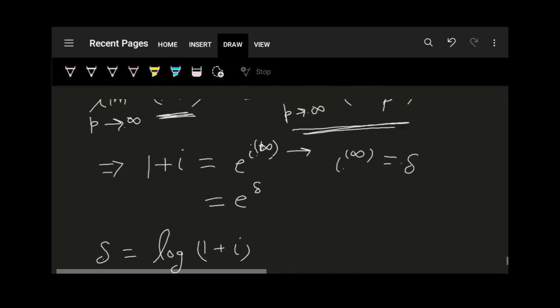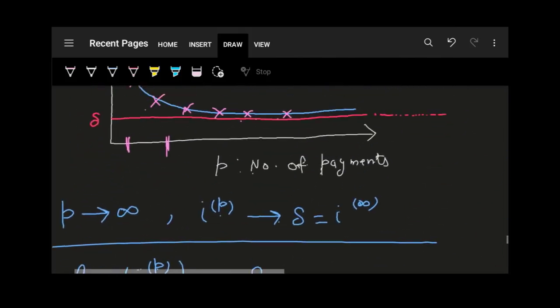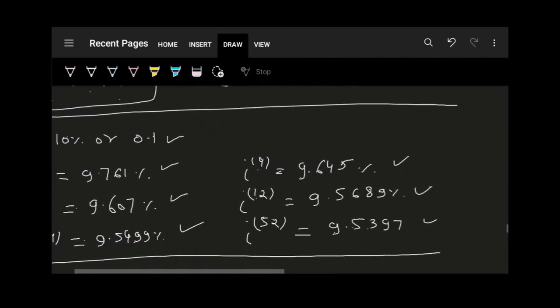So in our earlier example where we calculated different nominal rates for different p's, you see we get delta equal to 9.531 percent. So no interest rate is below this 9.531 percent.